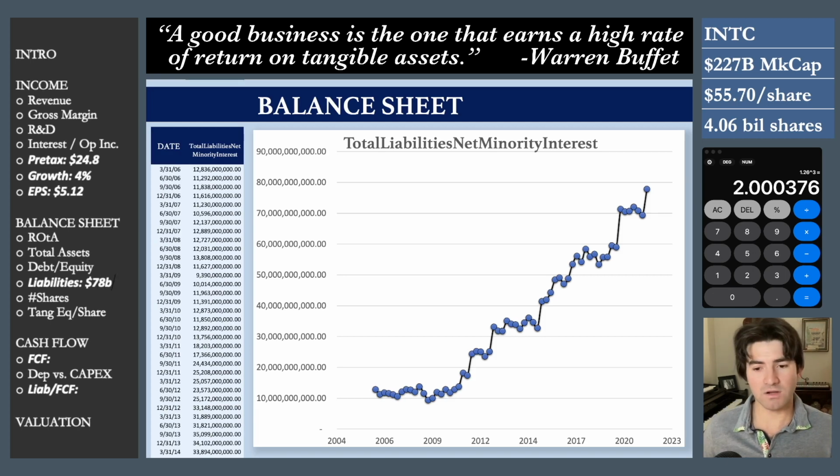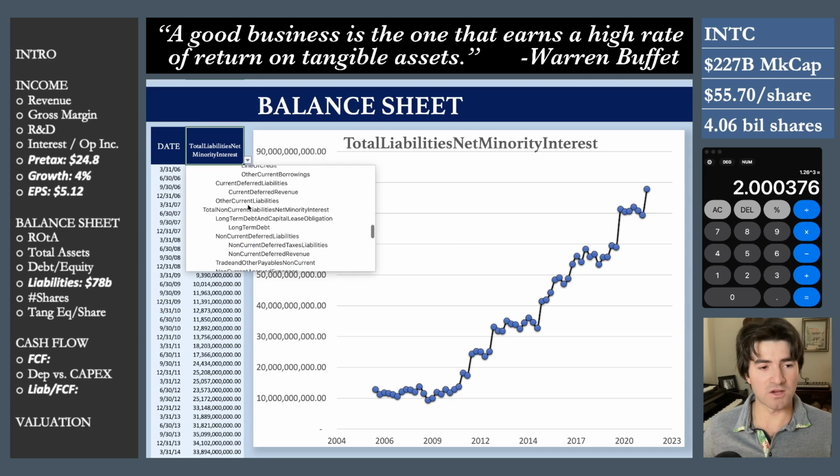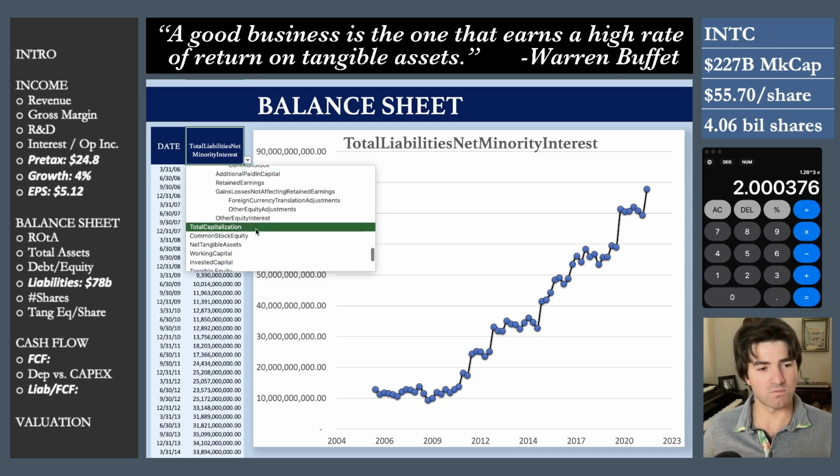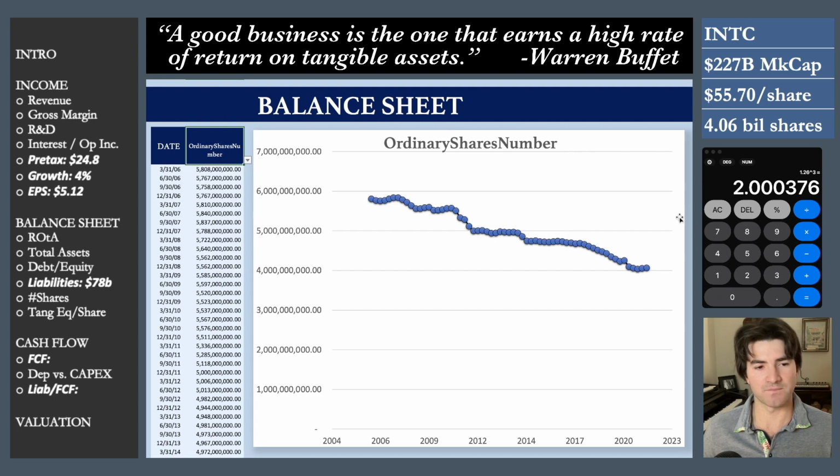All right, now we're going to look at number of shares, and we like to see number of shares decreasing, right? Because that means that we have an increased stake in the company, but that's not the real reason I like to see it decreasing. The real reason I like to see the number of shares decreasing is because it means the company's buying it back. And if the company's buying back shares, that usually means that management thinks the stock is undervalued.